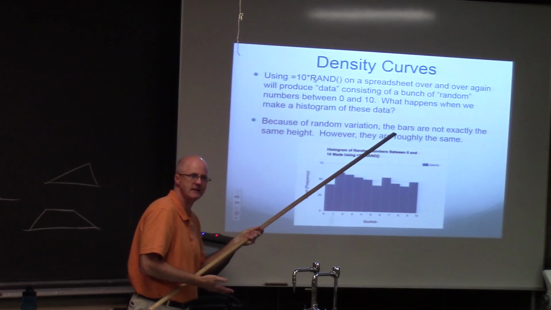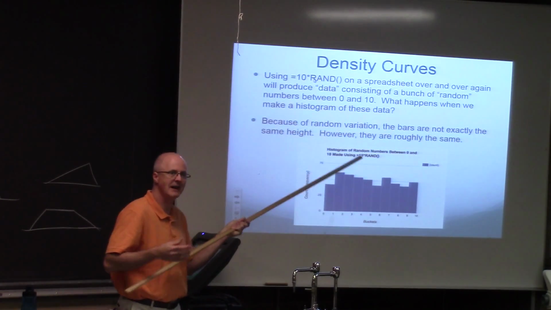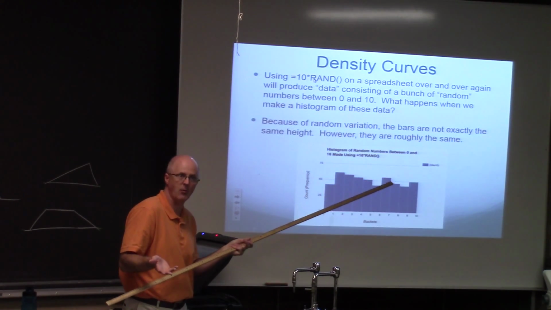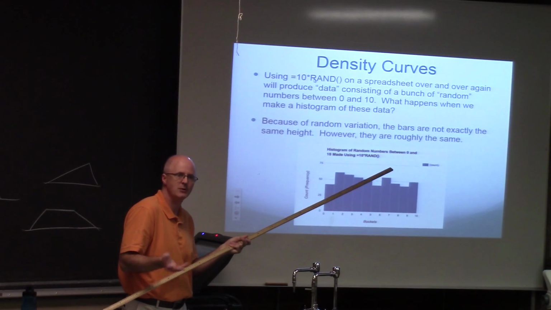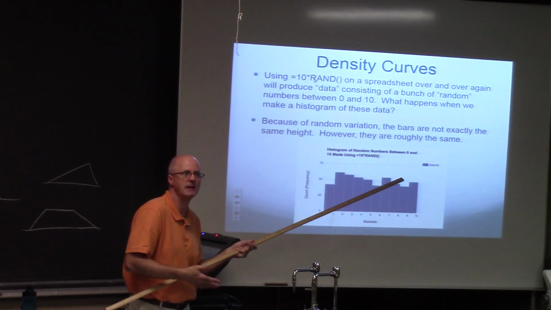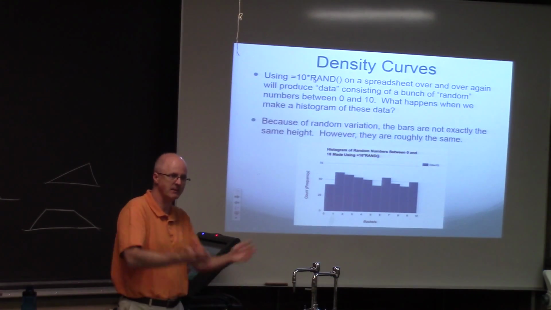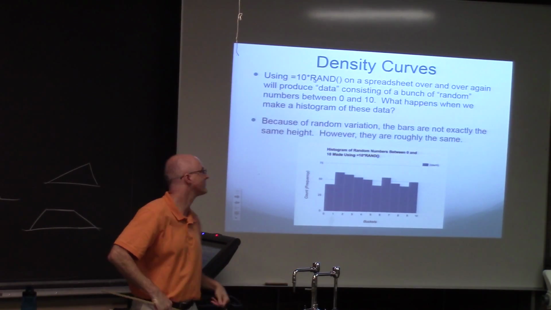It's simulated data. Rand, again, what it does is it produces a random number between 0 and 1 in a uniform way. Essentially, every number to a certain number of digits is equally likely to occur. When you multiply it by 10, that just scales it up to be a random number between 0 and 10.